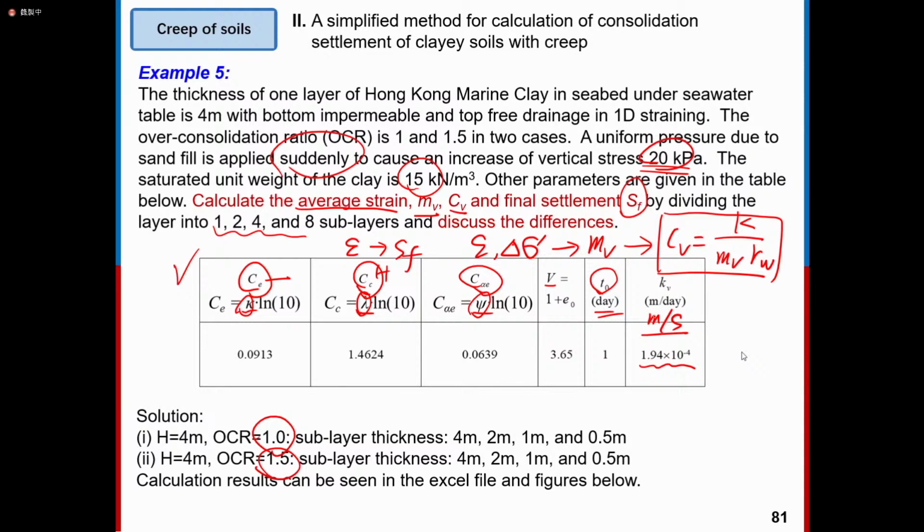If it's meter per second, this value will be in the order of 10 to the minus 8. For Hong Kong marine deposit, normally this is the range in meter per second. So let's see the calculation process.